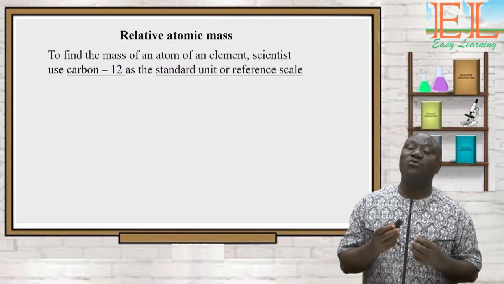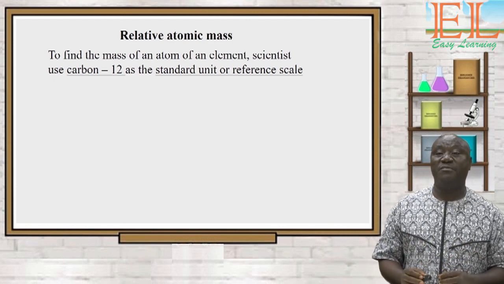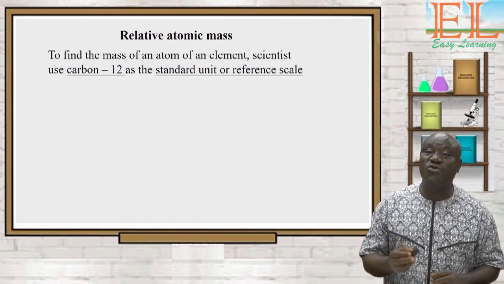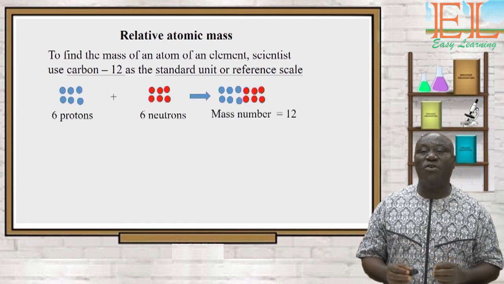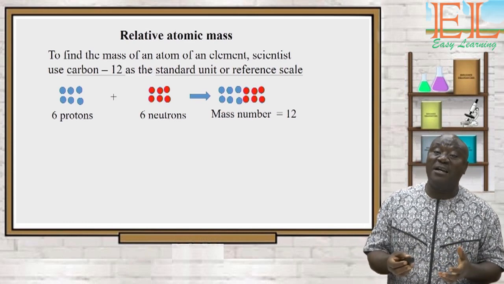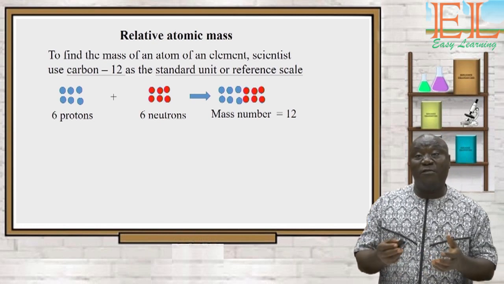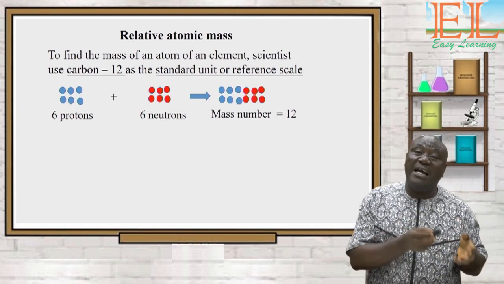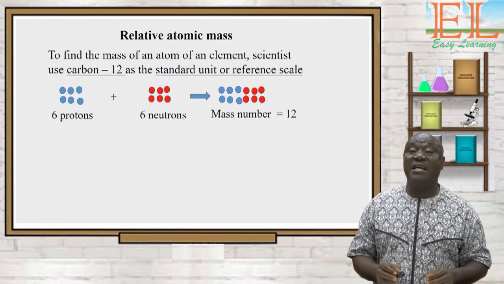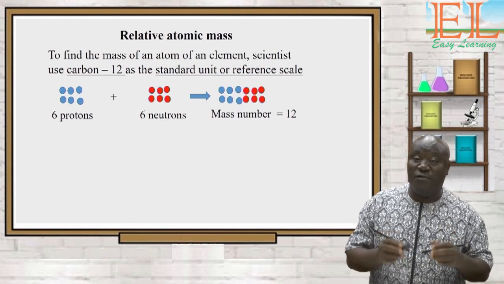Now, one atom of carbon-12 has 6 protons and 6 neutrons in its nucleus. So, to find the mass number of carbon-12, we will have to add 6 protons to 6 neutrons, and it will give us mass number of 12.